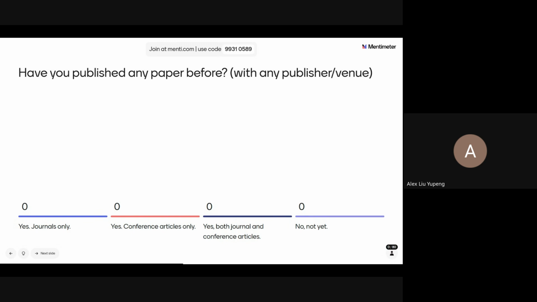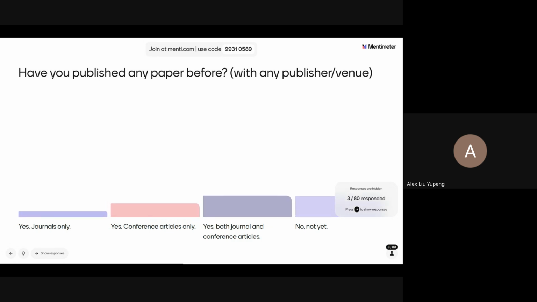The next question is about your previous publishing experience. Now we talk about your reading; now the question is about your publishing experience. Are you familiar with the paper structure? Have you published any conference or journal papers? This applies to any publication, even if you're just publishing a paper within your university.